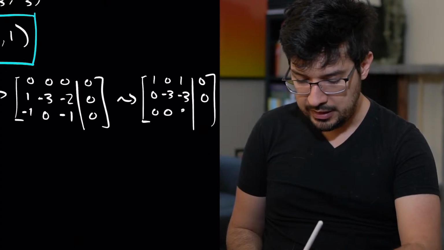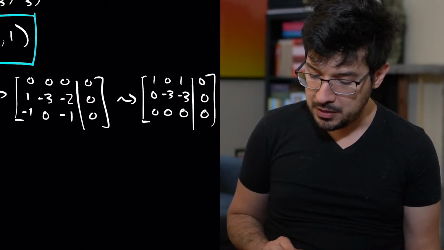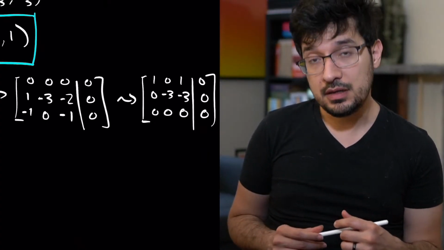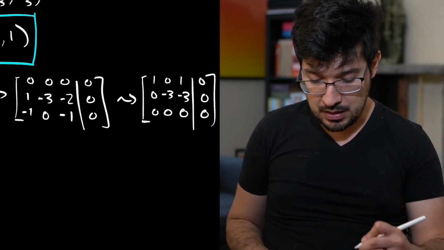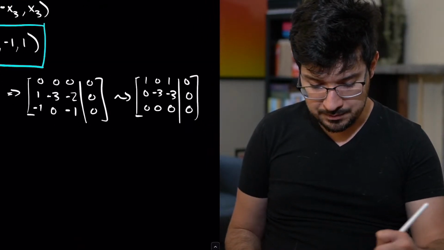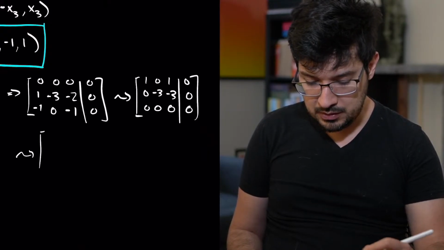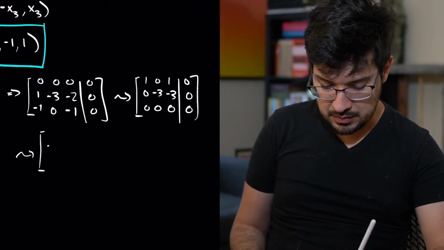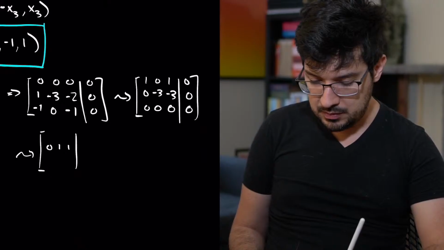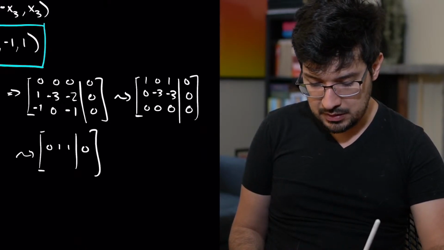And then I interchange the first and third rows, so the first row is now in that last row. This corresponds to this next set of equations like this.